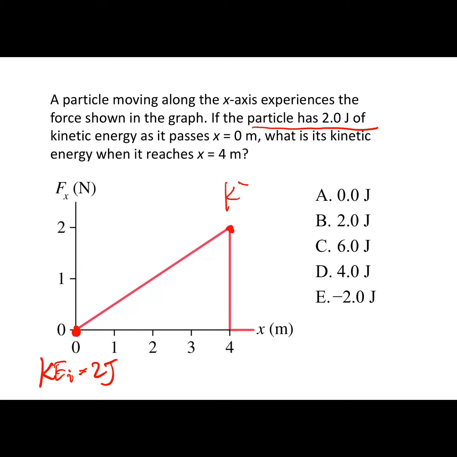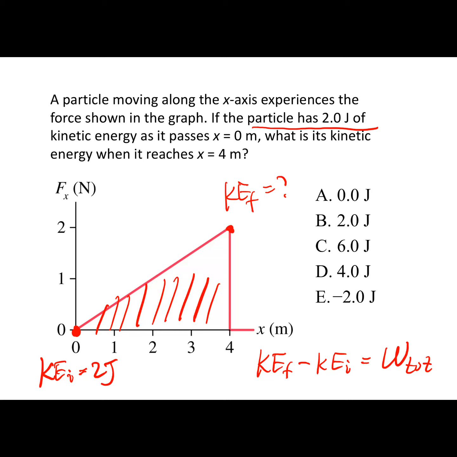And we want to find the KEf here. What do we need to do? We need to use the work-energy theorem: KEf subtract KEi equals total work done. Total work equals this area, which is 1/2 times 2 times 4 equals 4 joules. So this is 4 joules plus 2 joules, so apparently this one should be 6.